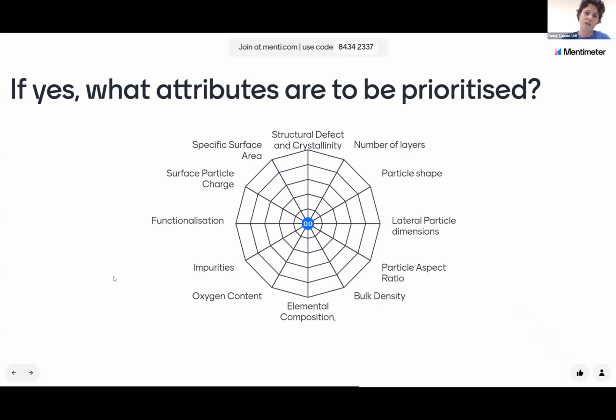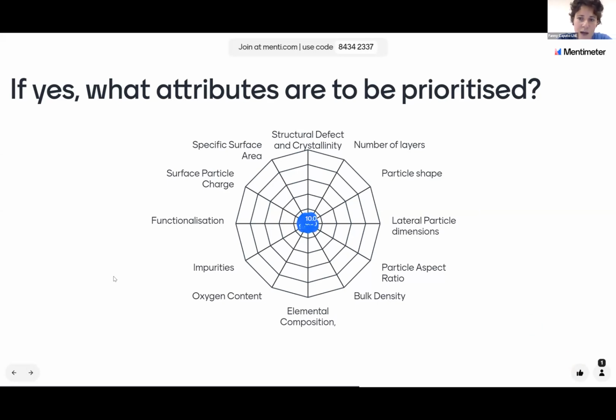And then the question is, what do you think are the priorities for developing new standards and protocols? So what we are missing for each of those attributes, you have a scale from 0 to 10, and you can decide what score is associated to how important it is, how high is the priority, 10 being, of course, the highest.